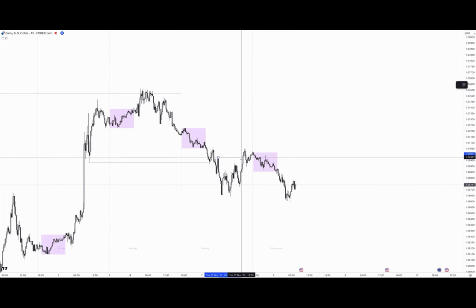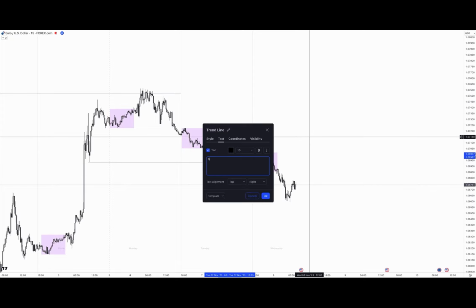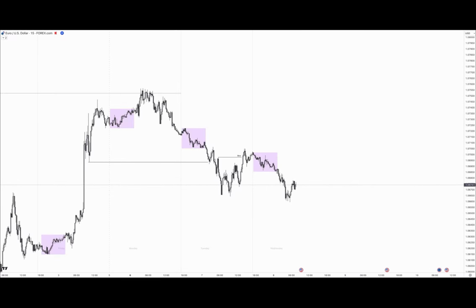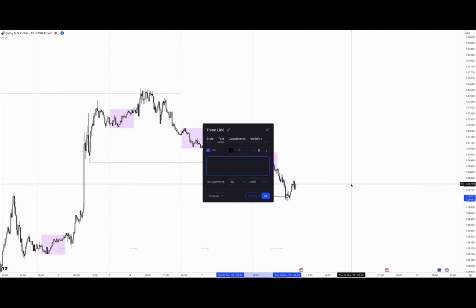little break of structure, BOS, and then obviously buyers were trapped right here. Buyers trapped. Let's put this.